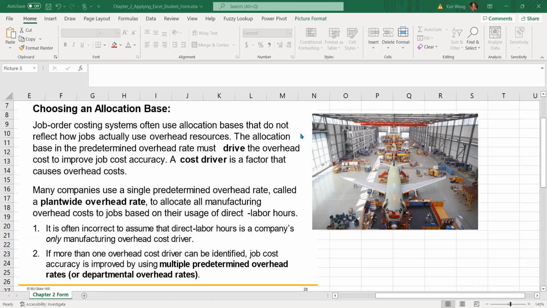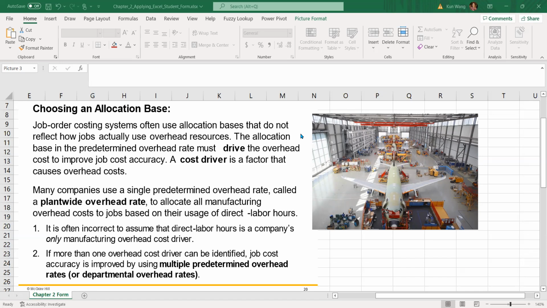Then when a product or an order goes through all of the departments, it takes different allocations of overhead cost from each department. Adding them together gives the total overhead applied for the job.